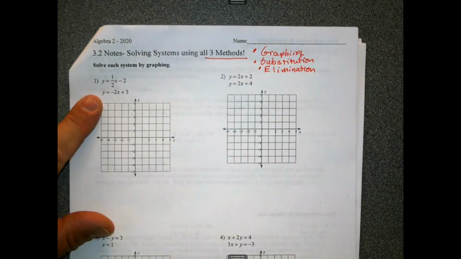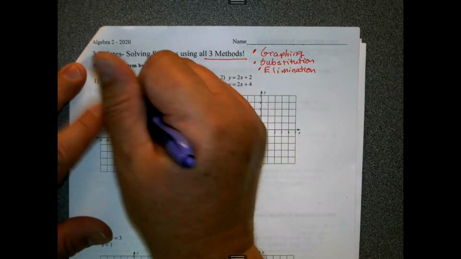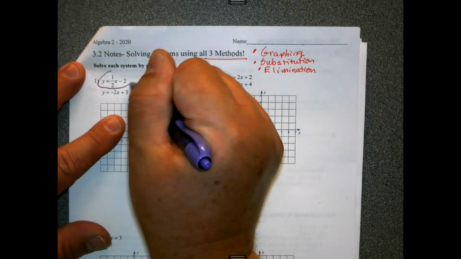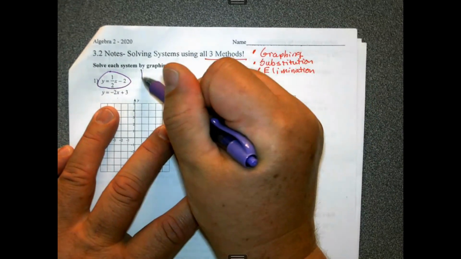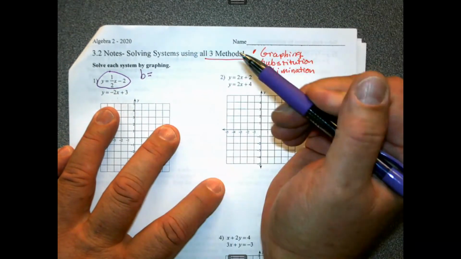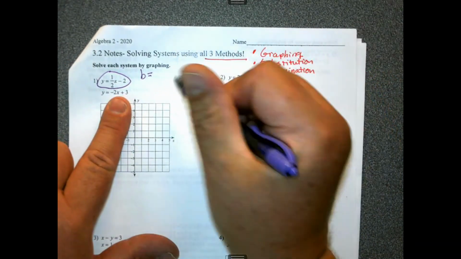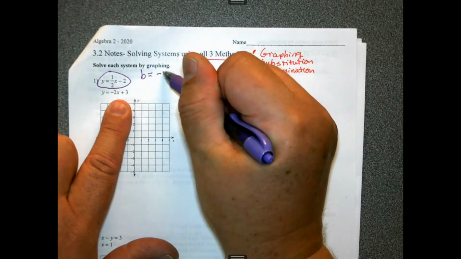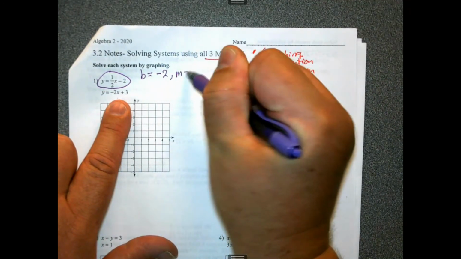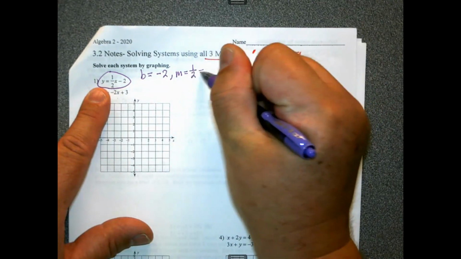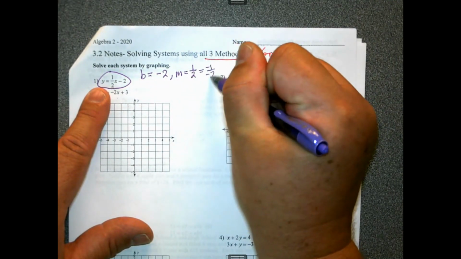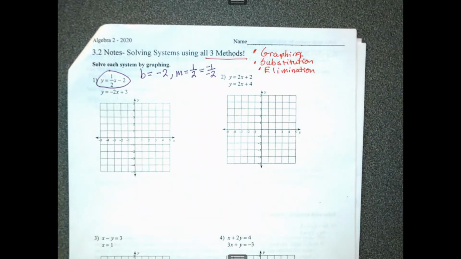All right, so let's graph number one. Let's graph this line. And what do we do first? The y-intercept, right? What's the y-intercept? Great. What's the slope? 1 over 2 or negative 1 over negative 2, right? So let's graph that line.